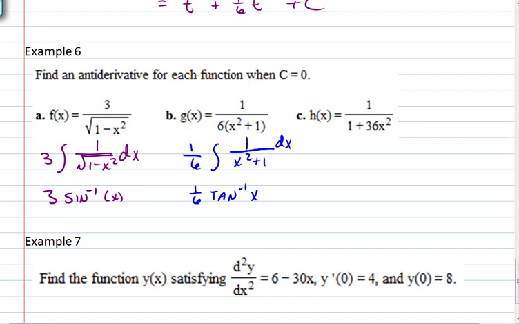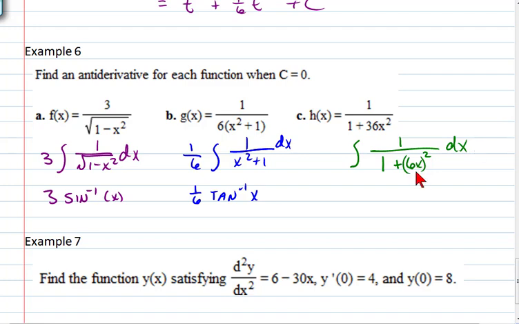This one I could rewrite as the antiderivative of 1 over 1 plus 6x squared dx. What? 6x? Oh, I got you.